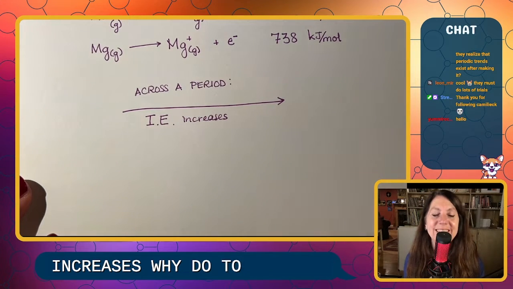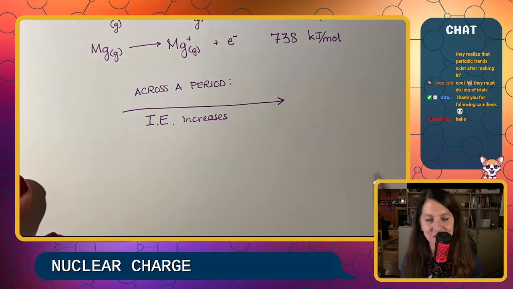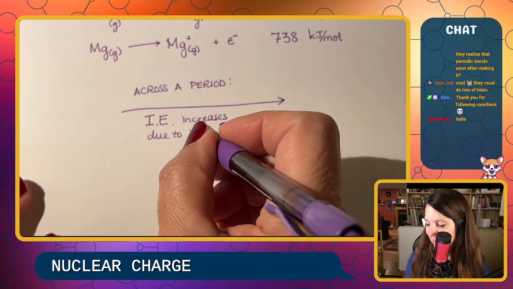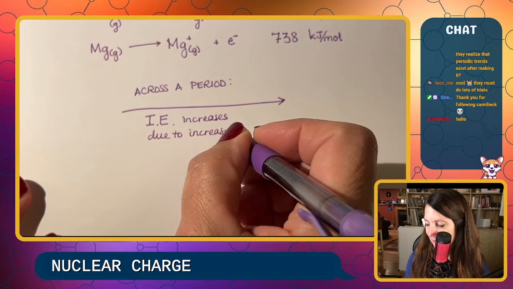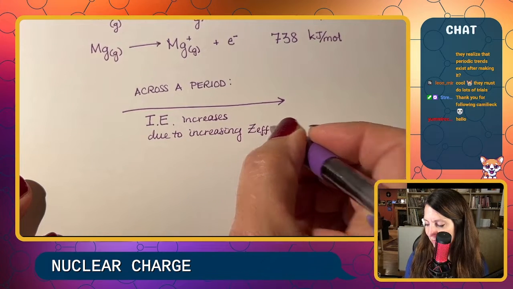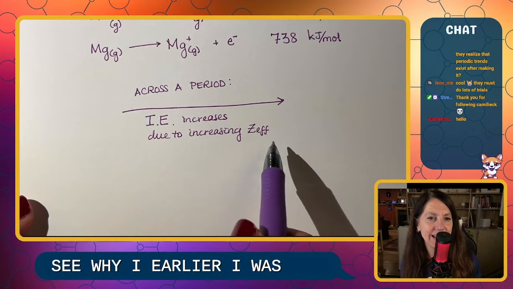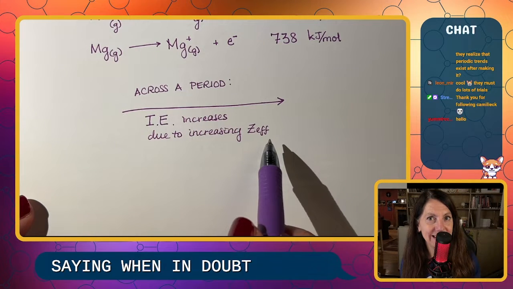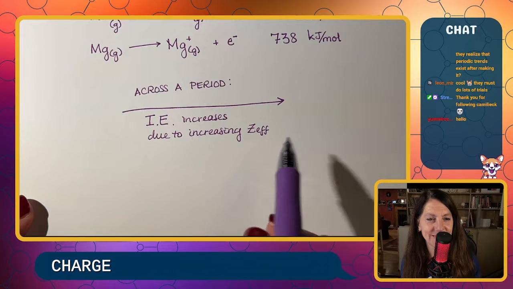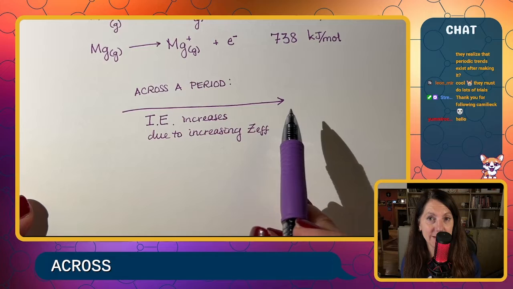Due to increasing effective nuclear charge. So now you can see why earlier I was saying, when in doubt, invoke effective nuclear charge. Okay, that's going to help you a lot in terms of going across a period.